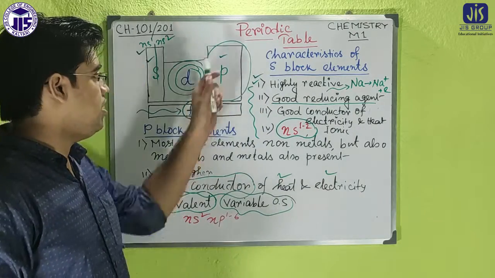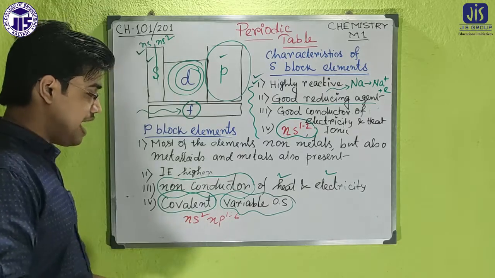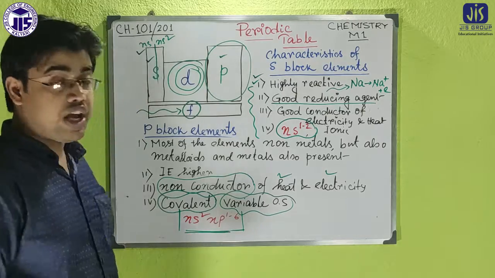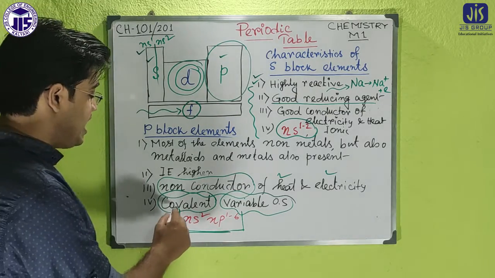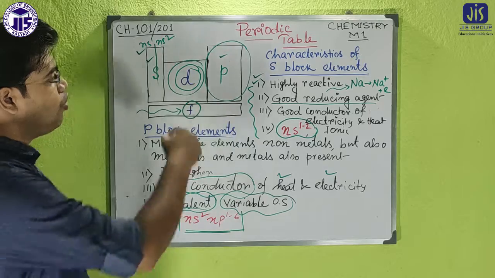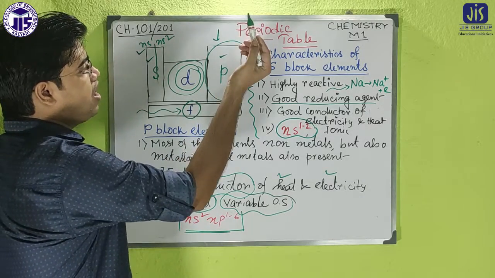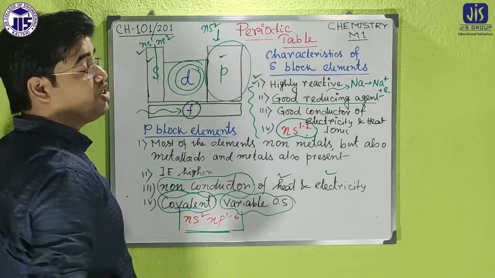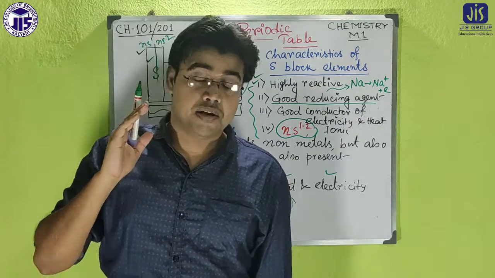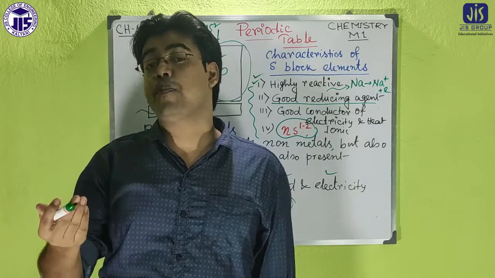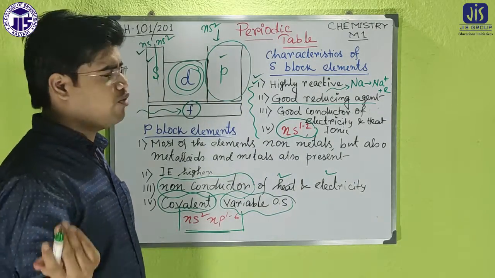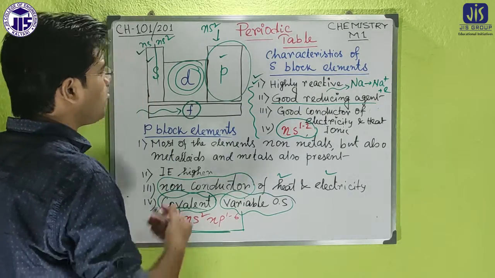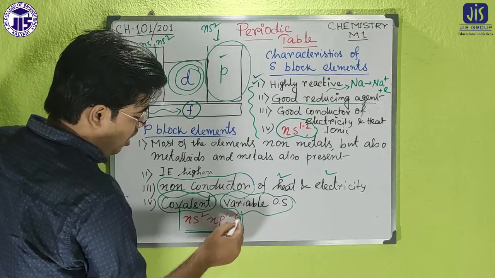Another important thing to keep in mind is the general outermost electronic configuration. For the p block it is ns2 np1 to 6. That means all the elements have the common configuration ns2, but the valence electrons vary in the np subshell, maybe 1, 2, 3, 4, 5, anything, so that will vary from 1 to 6.